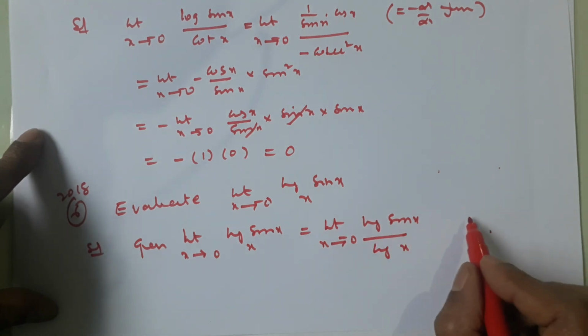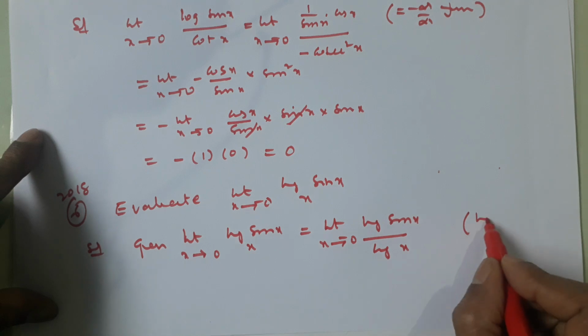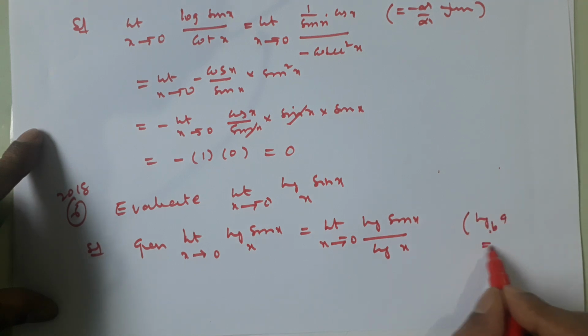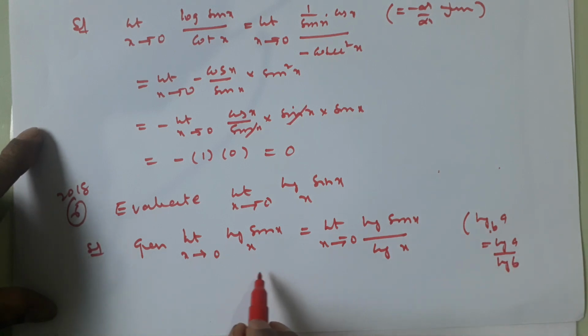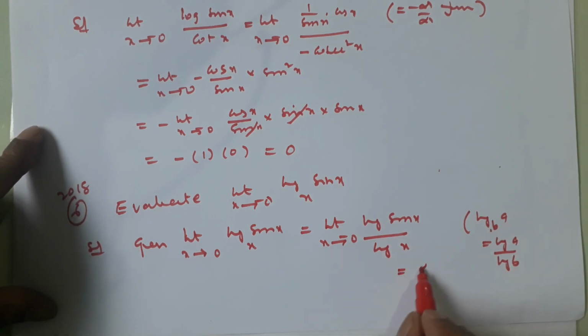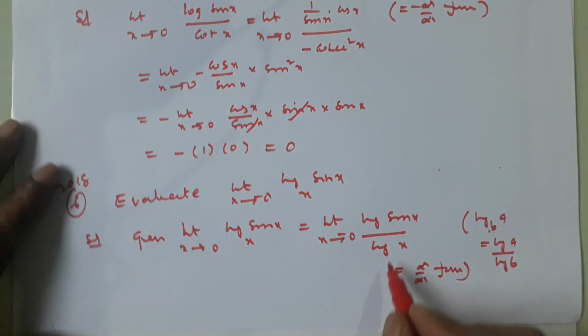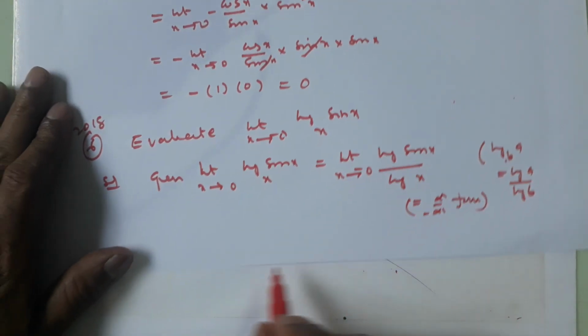As we know, log a base b is equal to log a by log b with the same base. Now it is of the 0 by 0 form, or infinity by infinity form, whichever minus or plus.